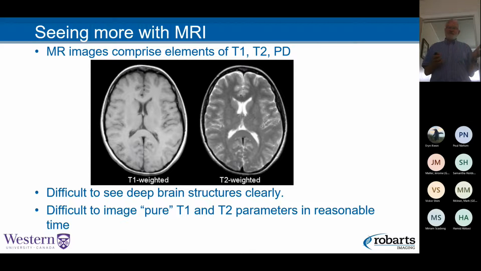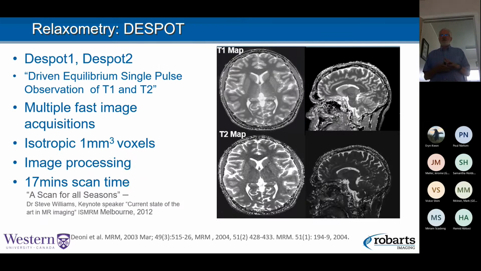It's also very difficult, although not impossible, to make a raw T1 scan and a raw T2 scan in a reasonable time. So one of my students, Sean Deoni, does that name ring a bell? Rings a bell. Yeah. He developed these algorithms called DESPOT 1 and DESPOT 2, standing for driven equilibrium single pulse observation of T1 and T2.